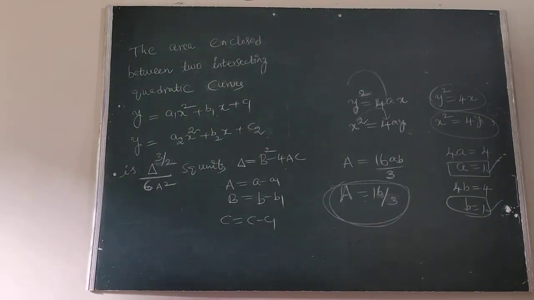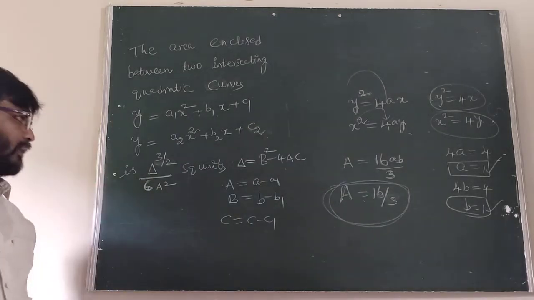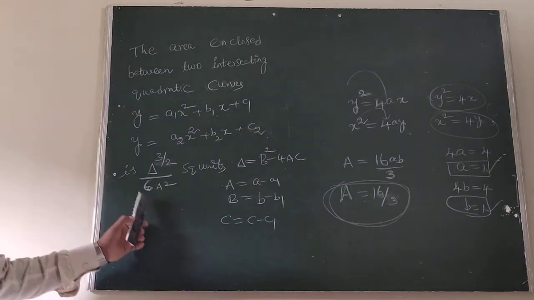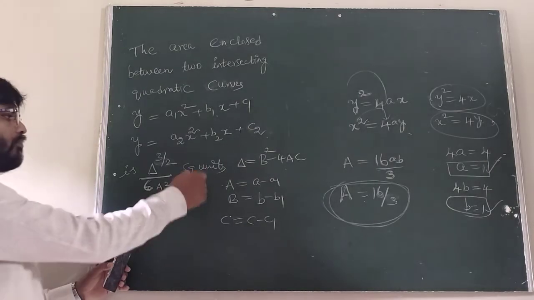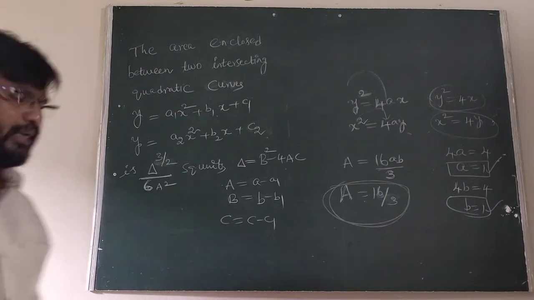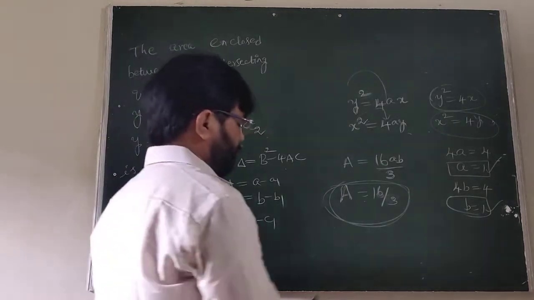The area enclosed between the intersecting quadratic curves y equal to a1x square plus b1x plus c1 and another curve y equal to a2x square plus b2x plus c2 is delta power 3 by 2 into 6a square units, where delta is b square minus 4ac, a is a minus a1, b is b minus b1, c is c minus c1.